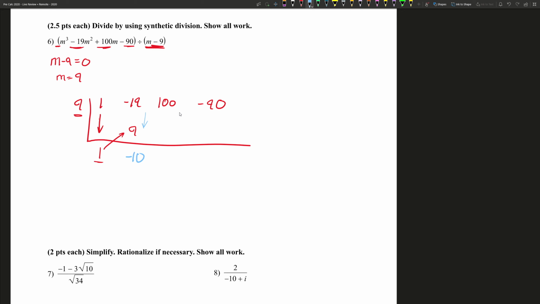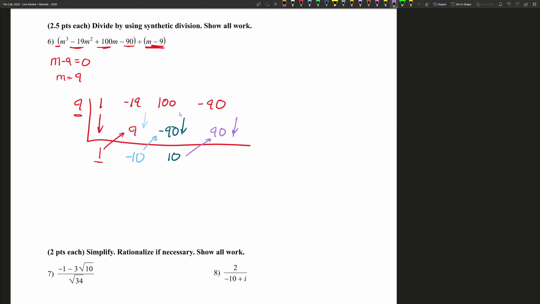So negative 10 times 9 gives us negative 90. Add down. We're left with 10. And then back up to give us positive 90.